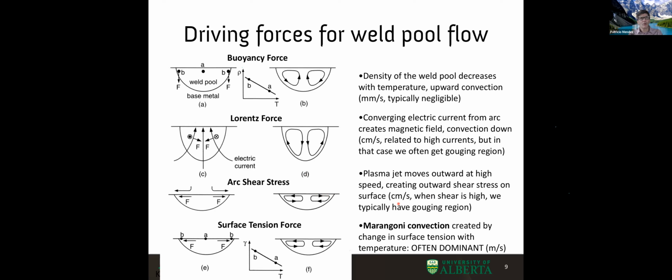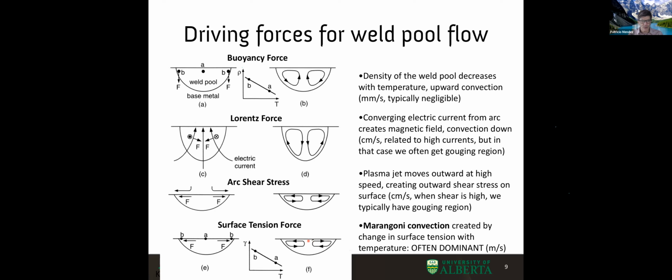But they were measuring 1 meter per second with high-speed videos. You try tracing impurities. You measure 1 meter per second, 100 times more. And then what they saw is this other mechanism that is called the Marangoni flow, Marangoni forces type of flow.